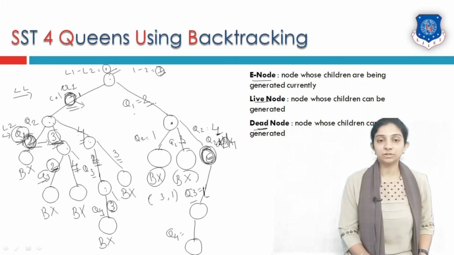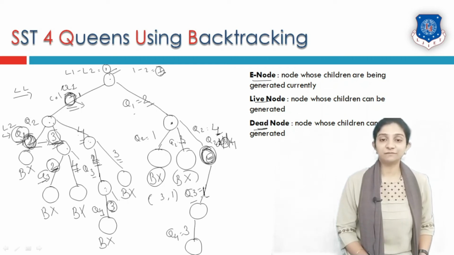Now if columns number 2, 4 and 1 have been occupied, we can put this queen in column number 3. But before we progress ahead, we have to check the difference. The difference between these two levels is 1 and the difference between these two columns is equal to 2.